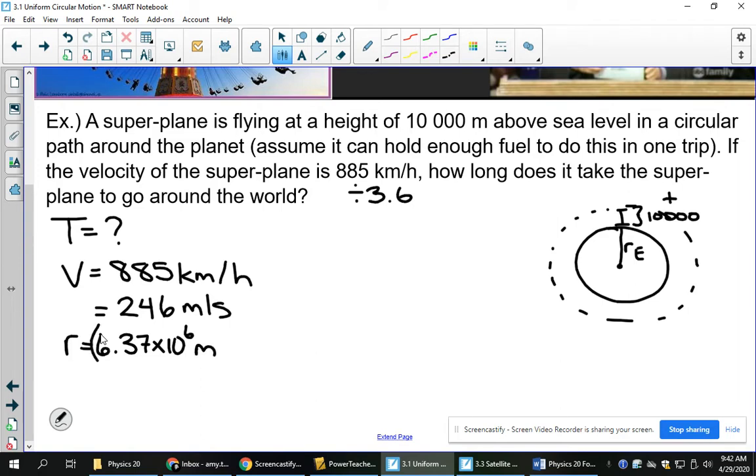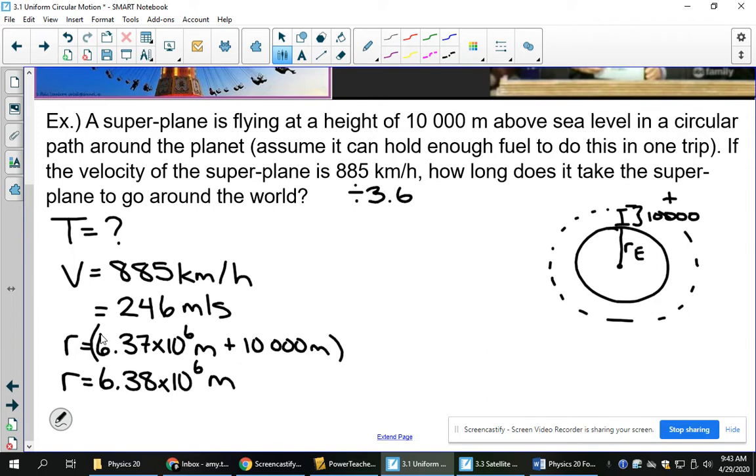Okay, and I know that I need to add the 10,000 meters that the question is telling me. That's giving me a radius of 6.38 times 10 to the 6 meters.